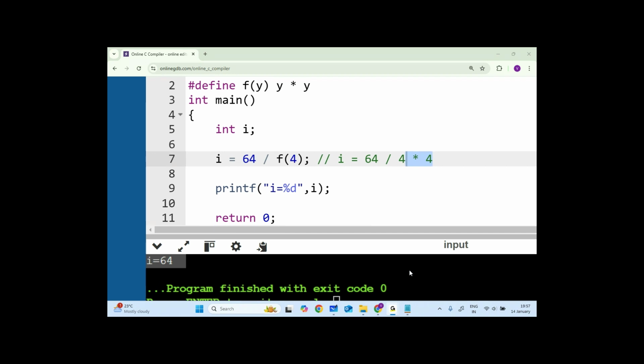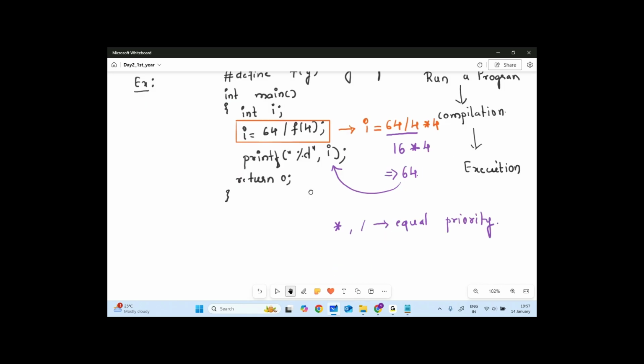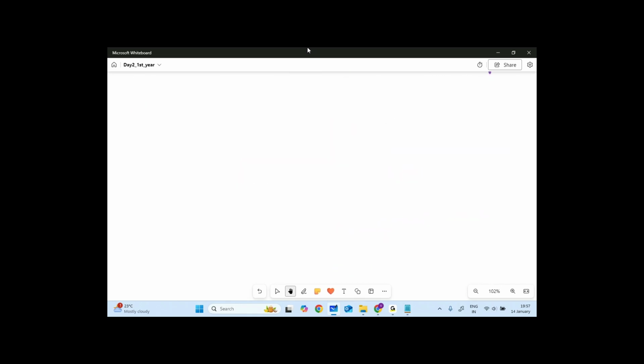I hope everybody has understood this. One of your friends has asked me a question regarding the difference between macros and the constant keyword. We will discuss that now. What is the difference between the constant keyword and macros?